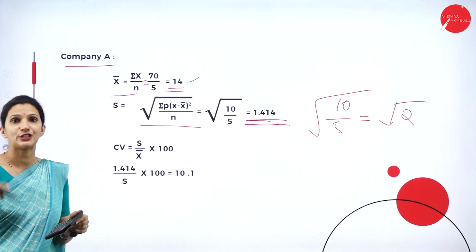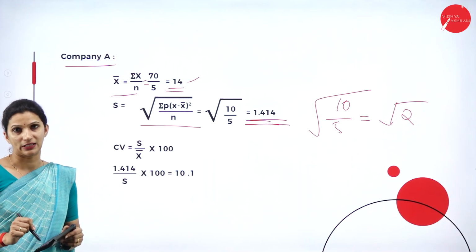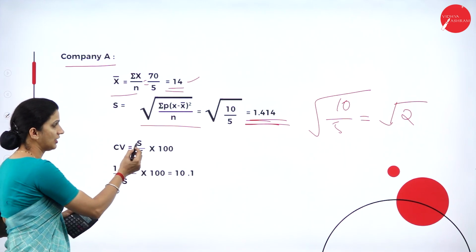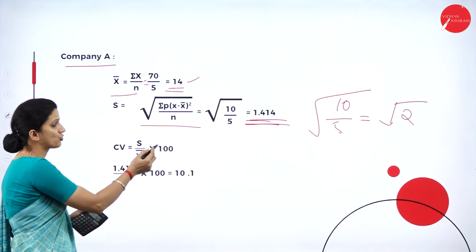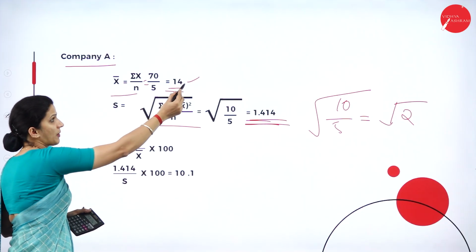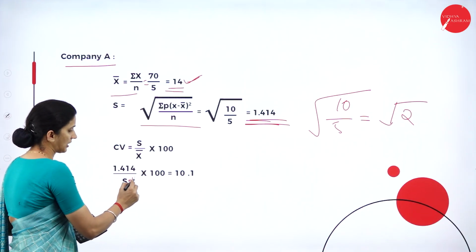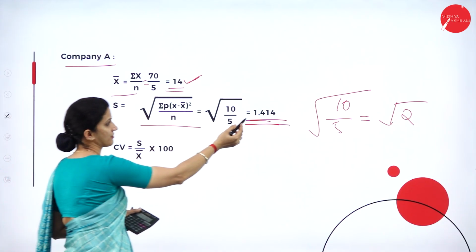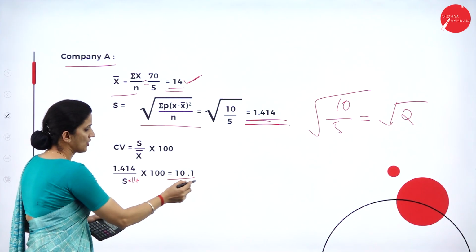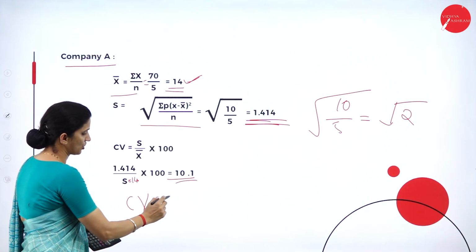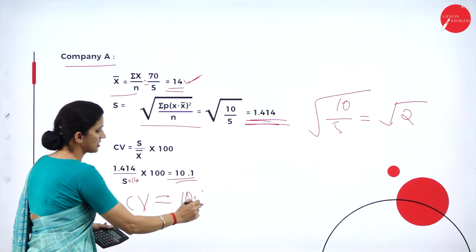Now finally we need to find CV, that is the coefficient of variation: standard deviation divided by X bar into 100. We have X bar here, which is 14, and the standard deviation we found is 1.414, into 100. So your CV, the coefficient of variation, is 10.1.